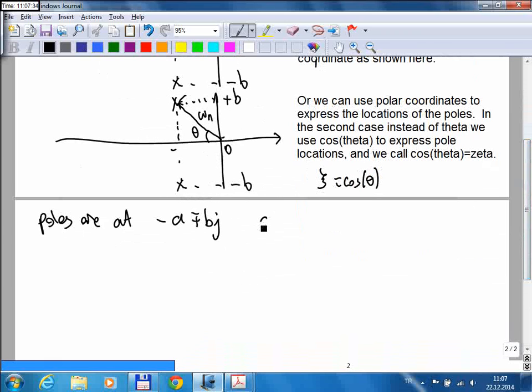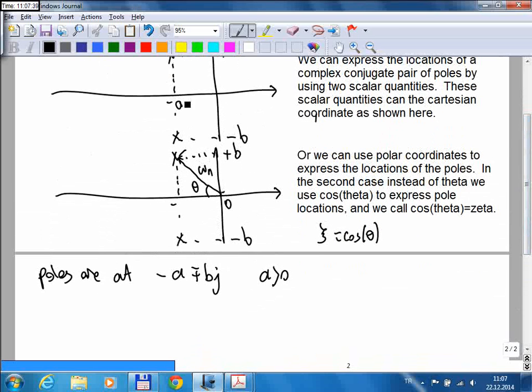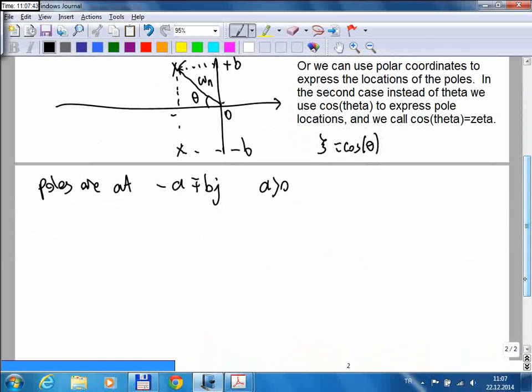Here this a is a positive scalar, and minus a means that the pole is on the left hand side. So in this case, let's see what the characteristic polynomial looks like. So we have one pole at, and then another pole at.